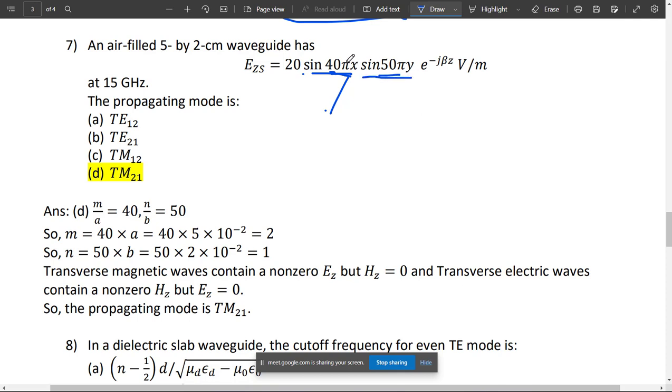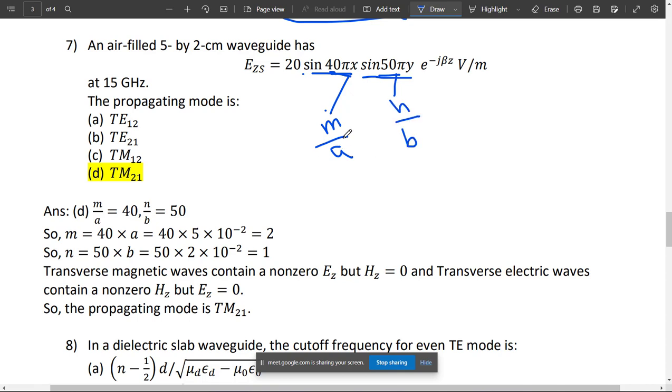How do we identify which one will be the m by a term and which one will be the n by b term? For that you have to check x. For x it will be the m by a term, and from the y term we can find n by b.